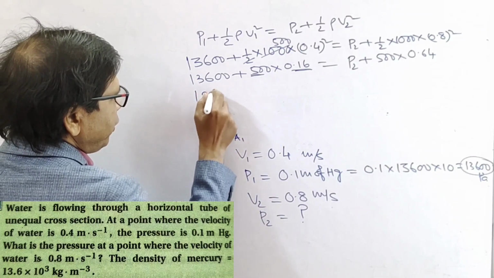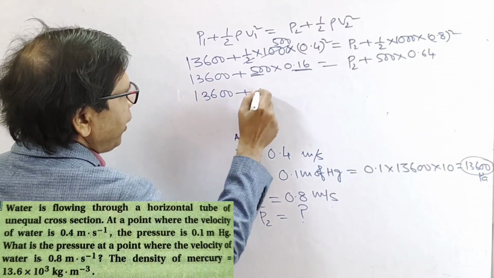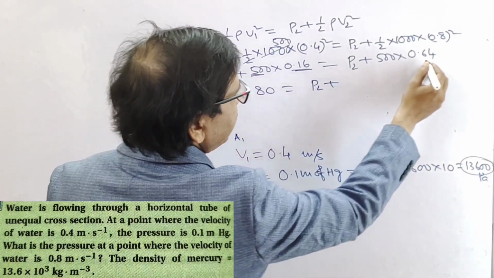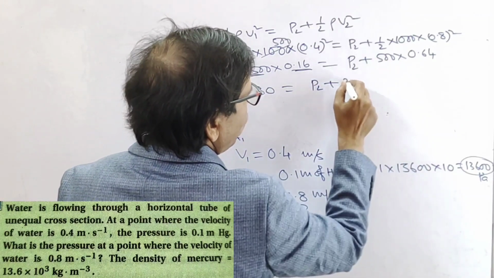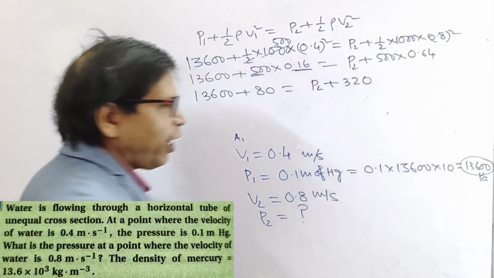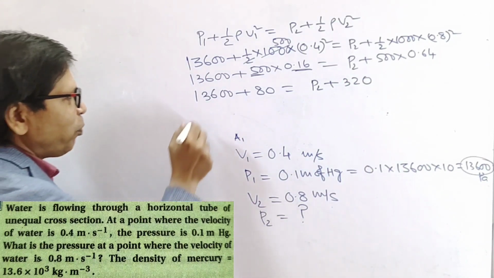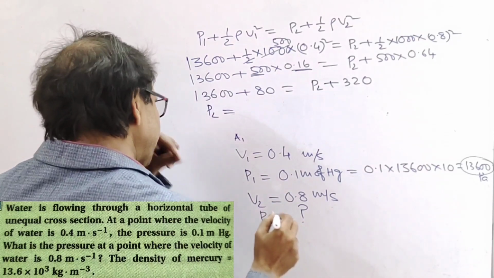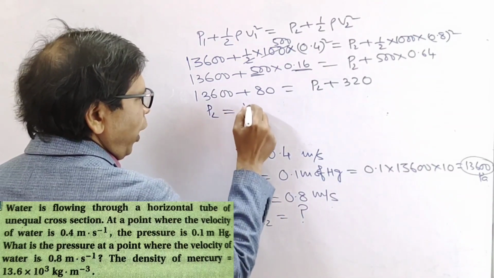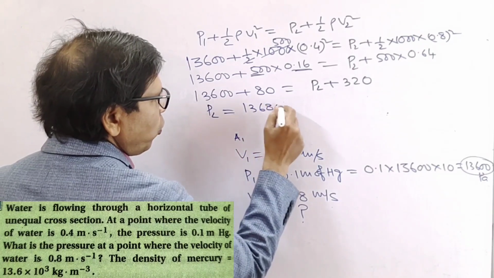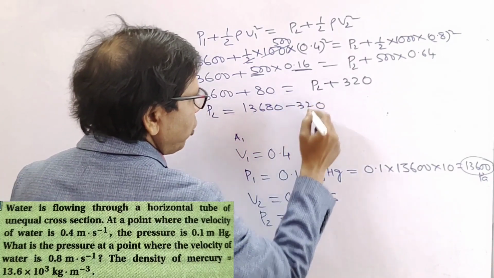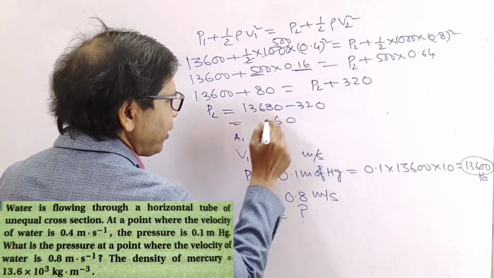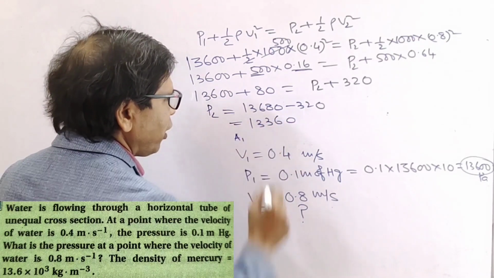Therefore 13600 plus 80 equals P2 plus 64 into 5, so this is 320. Understood? Therefore P2 equals 13680 minus 320.